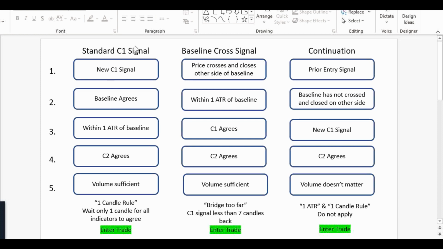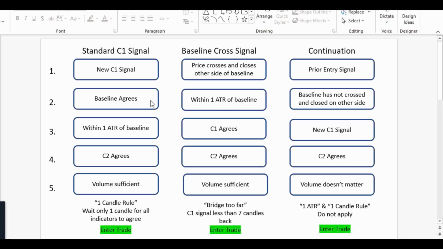For each one, you have to go through a whole set of things that you look for. For a standard C1 signal, the first thing that has to happen, obviously, is you have to get a new C1 signal. So whatever your first confirmation is, that triggers.